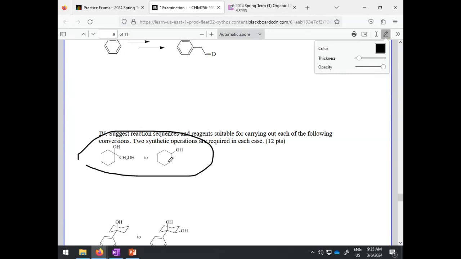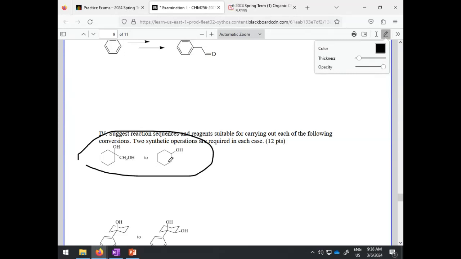We only learned one reaction in those 3 chapters that can cut a carbon-carbon bond. Chapter 16, look for it. Only one reaction.